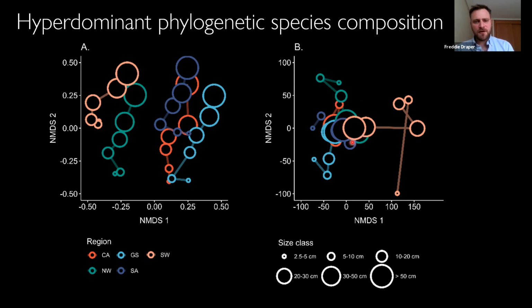So the big circles show the hyperdominant species in the large size classes, the small in the small understory size classes, and again, color corresponds to region. And the point that I think this figure makes is that species that are hyperdominant in large size classes are very similar across regions. They come from similar genera, similar families.